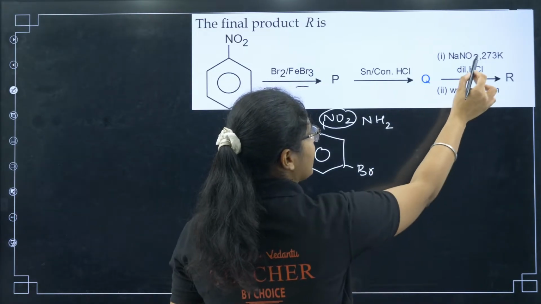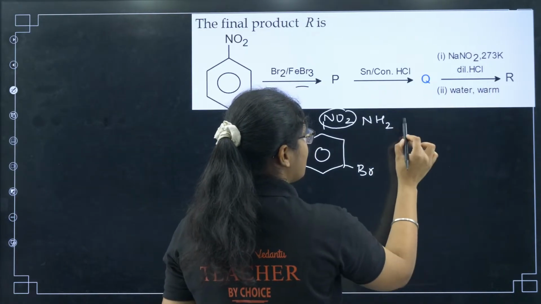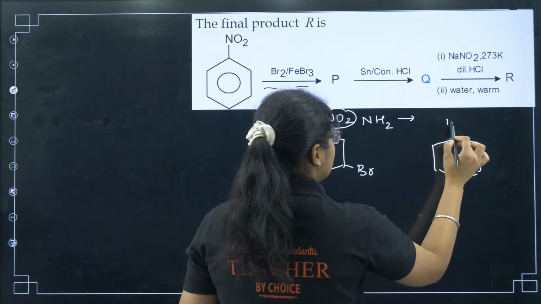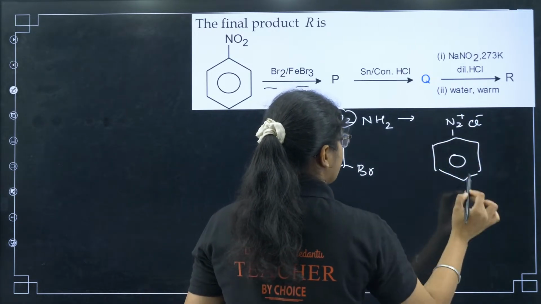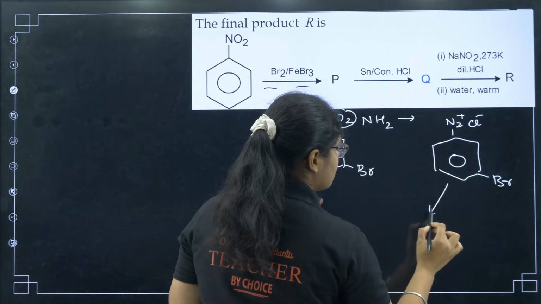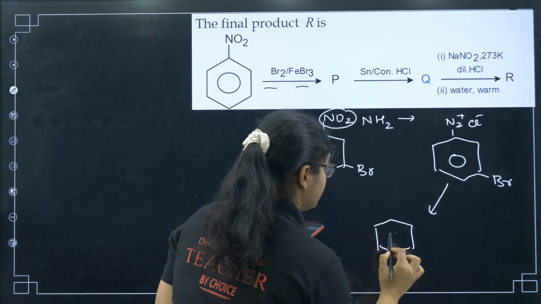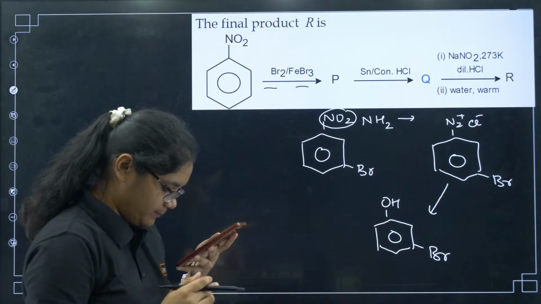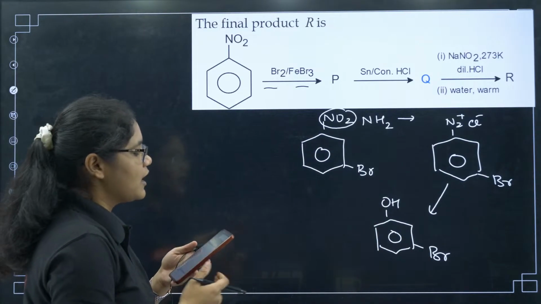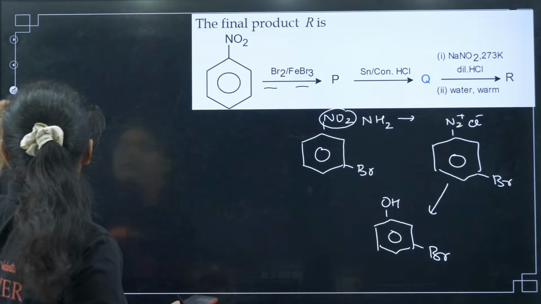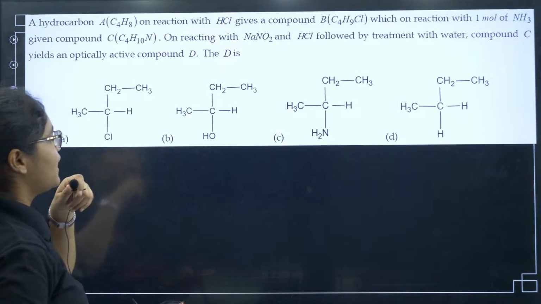Then with N2 plus Cl minus, it will convert to the diazonium salt N2 plus Cl minus with bromine. Now if you give warm water, this one will get converted to phenol. So R will be this one, metabromophenol.